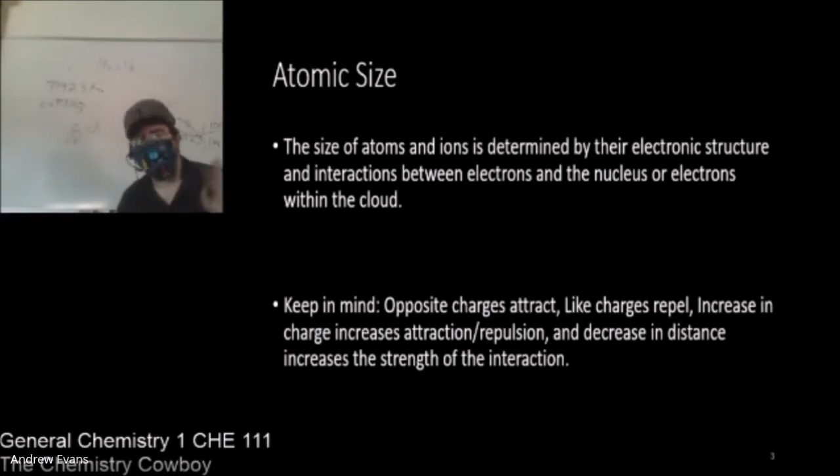But remember from Rutherford's gold foil experiment that most of the atom is empty space except for the electron cloud. So the atom is mostly that electron cloud, and that's what we're really going to be considering. Remember that opposite charges attract, like charges repel. If I up the charge, attraction should go up.